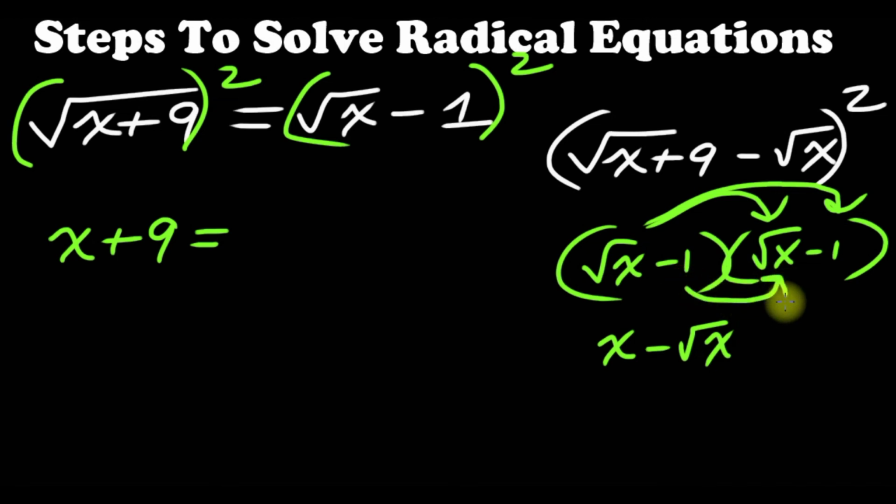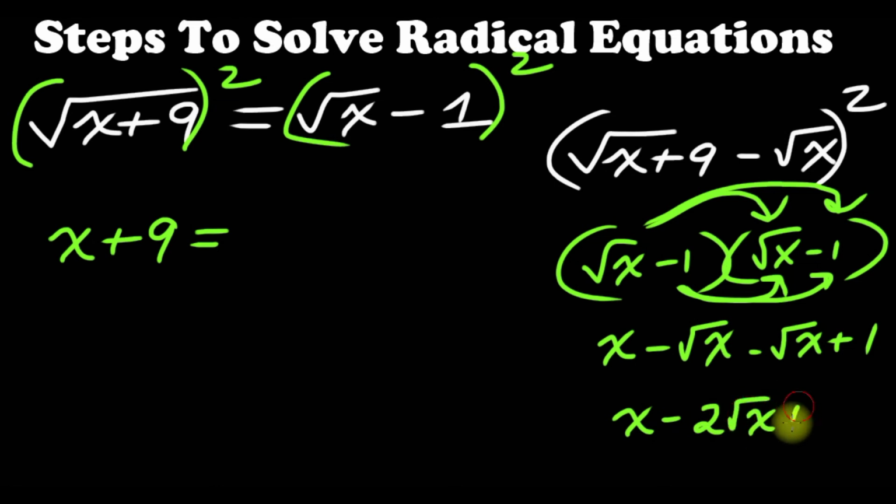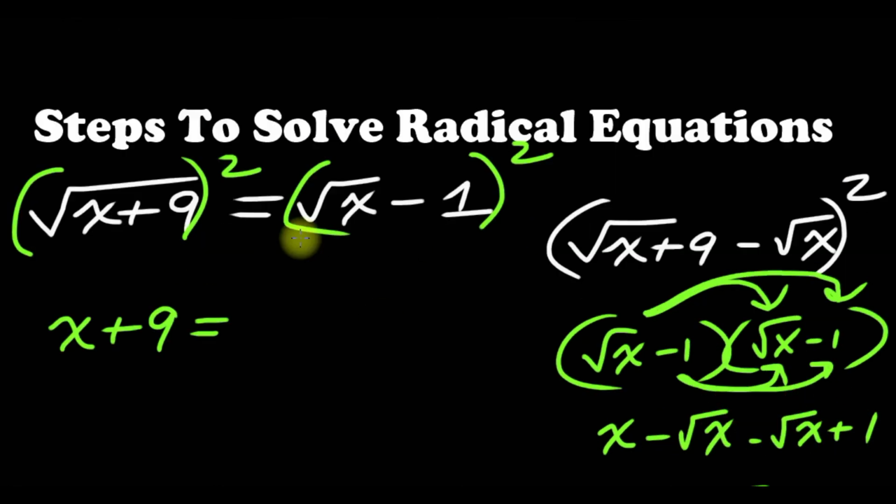And then do the same thing with the negative 1. So you have negative square root of x and then plus 1. So x minus 2 square root of x plus 1. Okay, so that's what this is.